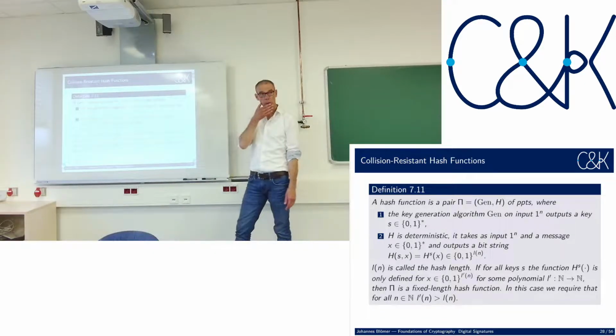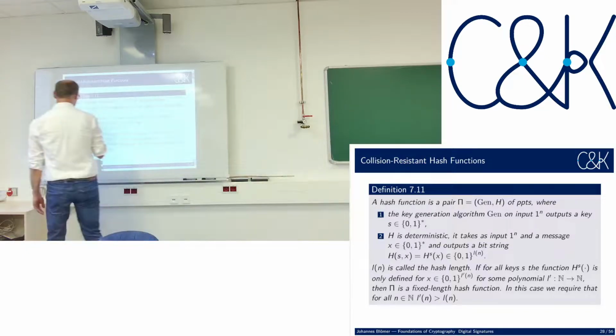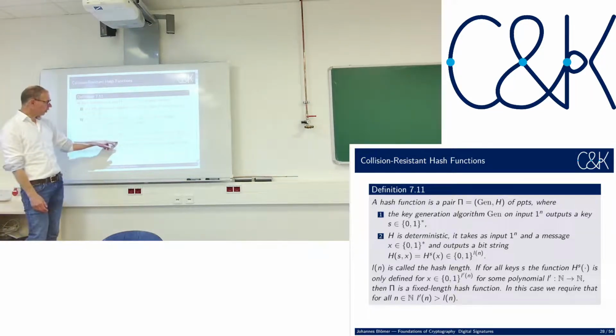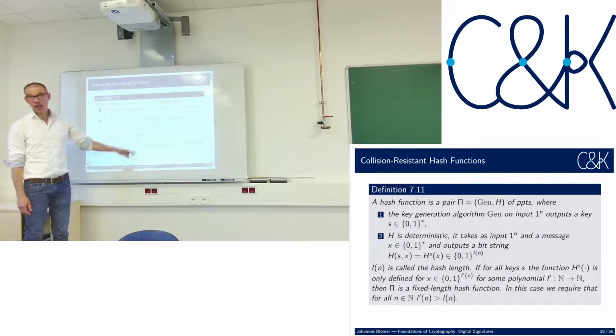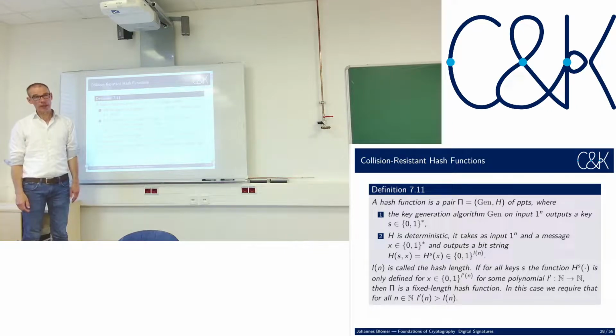And as usual, we can relax this condition that we can hash any message to the requirement that we can only hash messages of a certain length, ℓ'(n). But then we require that ℓ'(n) is larger than ℓ(n).